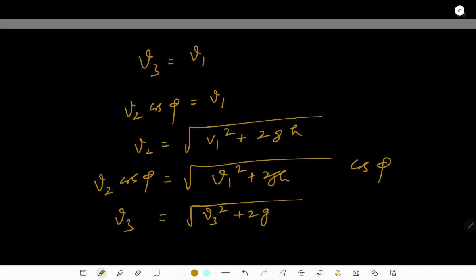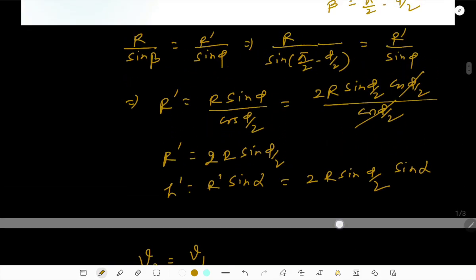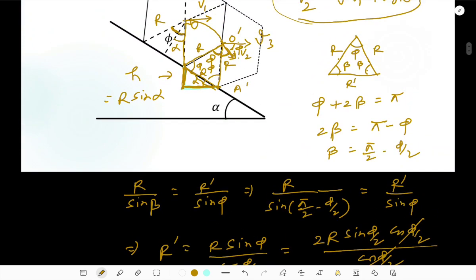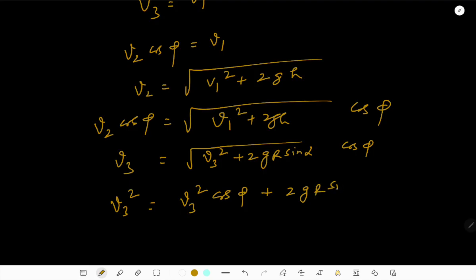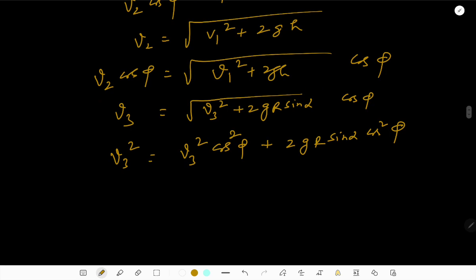Put the value of h, I think h is r sine alpha in this case. So put here r sine alpha multiplied by cos phi. Make a square then. v3 square equals v3 square cos square phi plus 2gr sine alpha cos square phi, and you will get your v3 or v1, whatever you need.